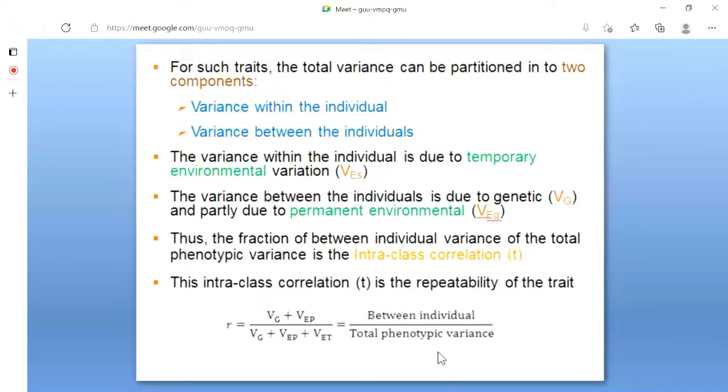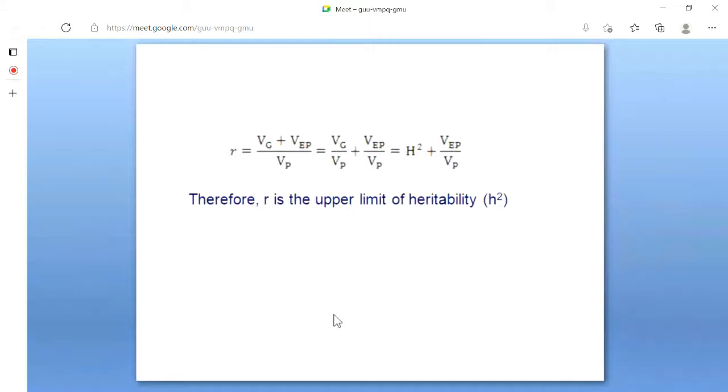And what's the difference with heritability? Here, the permanent environmental variance is included. That is the difference, and that is why repeatability is called the upper limit of heritability. The denominator is the phenotypic variance.